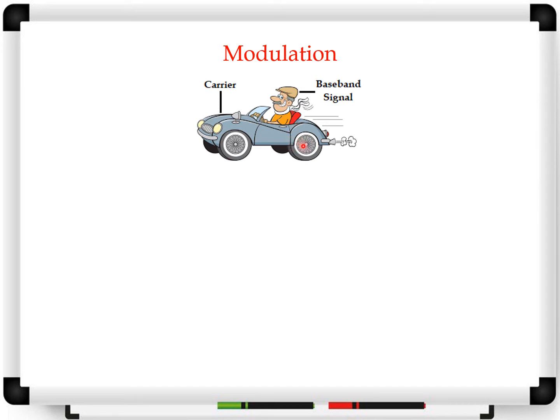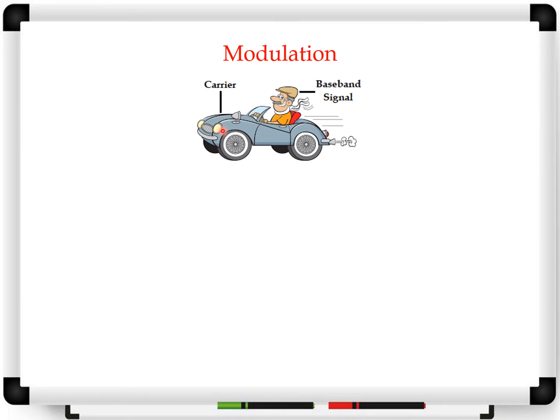So in this example, you are a baseband signal which cannot travel over a long distance. So you are taking the help of another tool, and that is nothing but a carrier. In this case, that carrier is your car. So this car will carry you over a long distance, and that is the concept used in modulation.